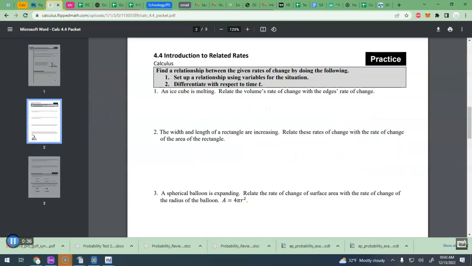What if I have a box that's not a cube? The volume of a box is length times width times height. What about the surface area? Well, I shouldn't have erased those. I'm sorry. Just write down some of the formulas.